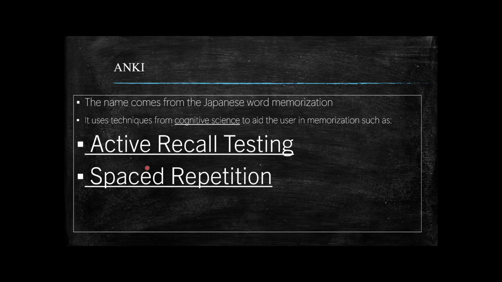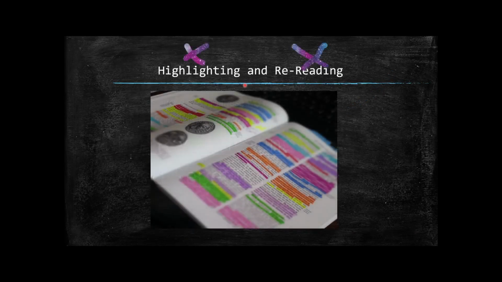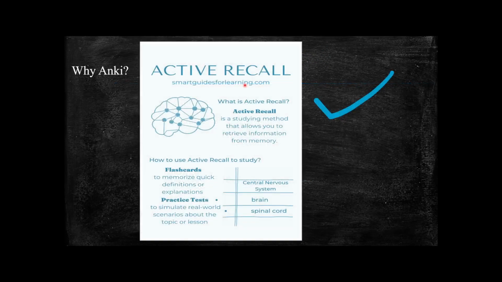So I want you to understand these 2 concepts before we go further. Alright, so this is about Anki, the computer program. Now the first concept is active recall. Now remember what we said about highlighting and rereading? This is passive. This has no benefit in the long term. Anki uses active recall, in which I can convert the information in the PowerPoint slides into questions.